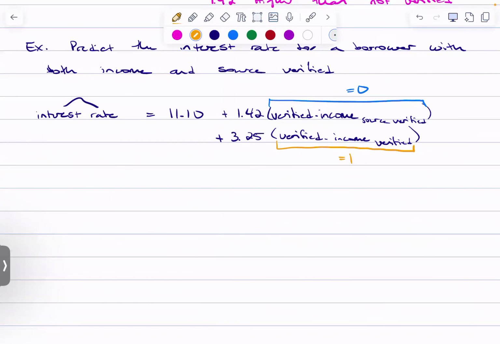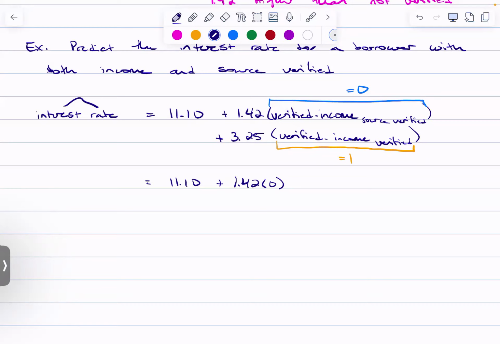The 3.25, again, is relative to not verified, right? So in addition to the not verified prediction, we would go up 3.25% in interest rate if both the source and the income were verified. Okay. And so here we get 11.10 plus 1.42 times 0. And if you're writing out your predictions like this and you're doing 0, I still want to see the coefficient times 0, right?